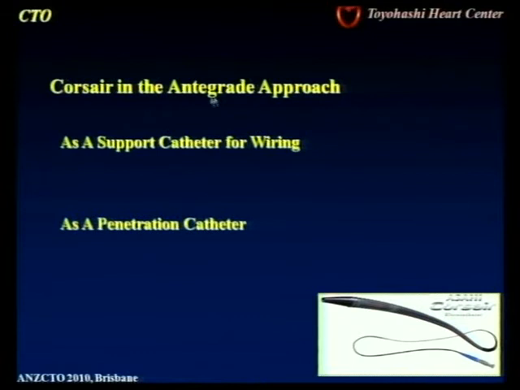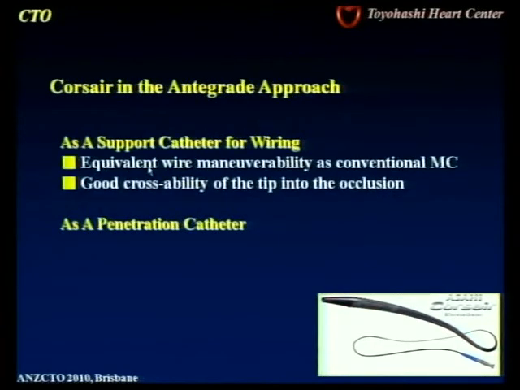So now we usually use Corsair in the Antegrade approach as a support catheter because it provides equivalent wire maneuverability to a conventional microcatheter, and also good crossability of the tip into the occlusion during the wire manipulation.